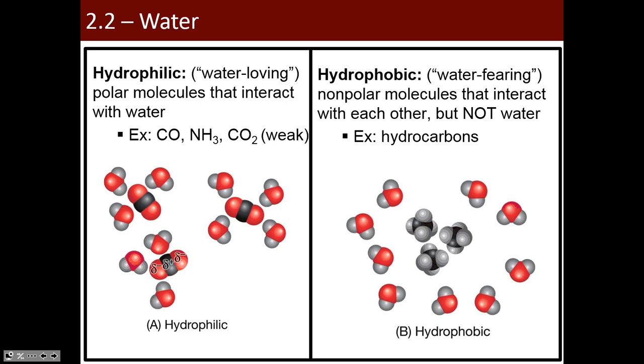All right, so let's start by thinking about that polarity and what that means for how water interacts with other things. Okay. When water molecules come in contact with other molecules, those molecules might want to interact with water, or they might not want to interact with water. Those things that want to interact with water are known as hydrophilic.